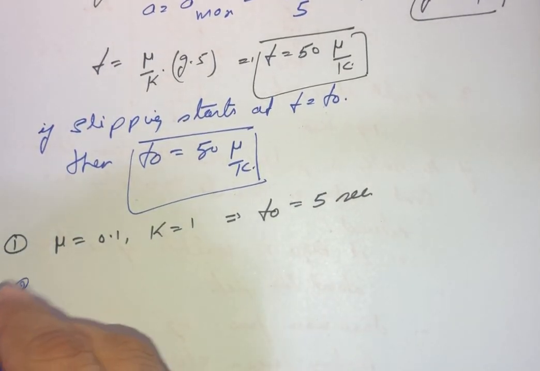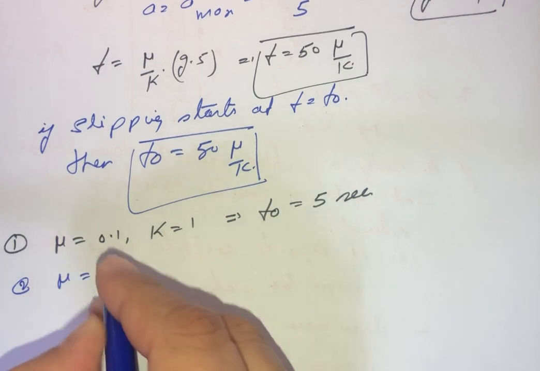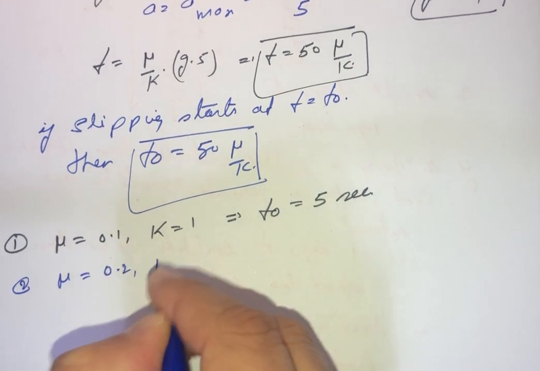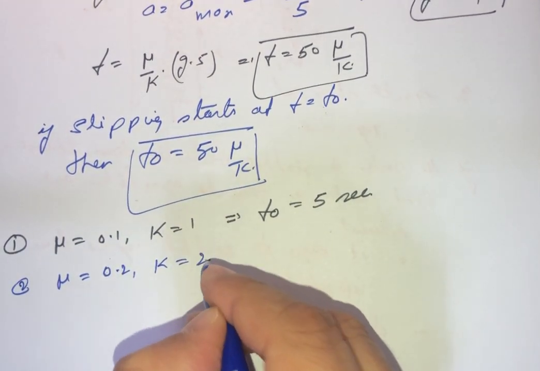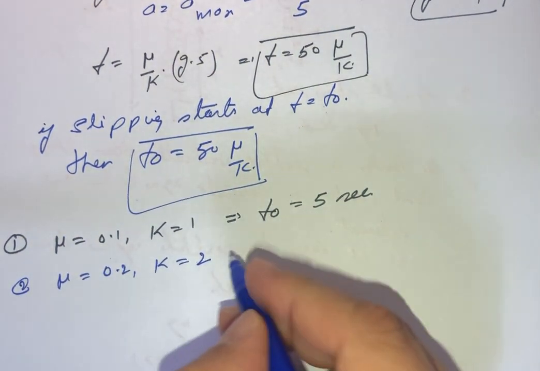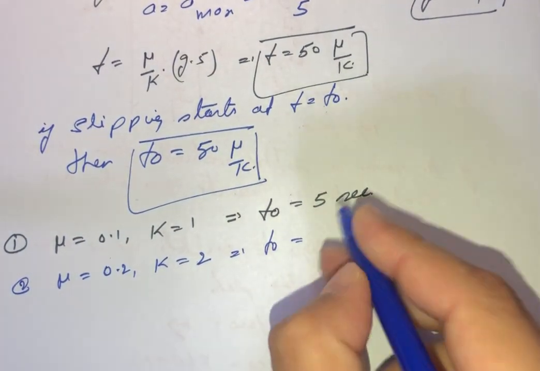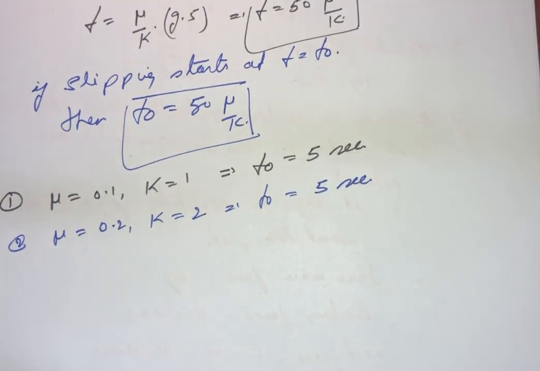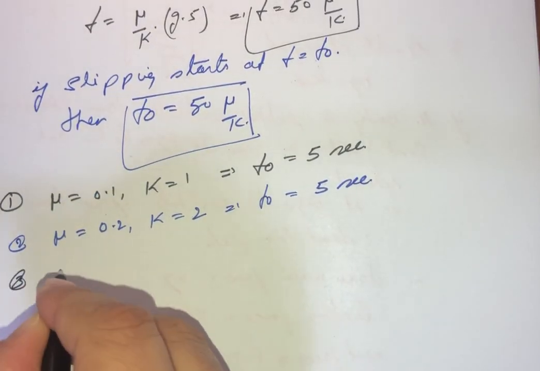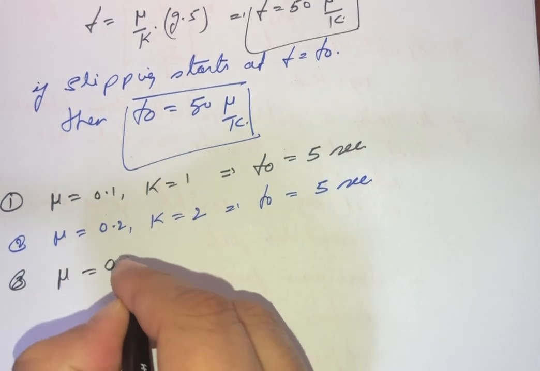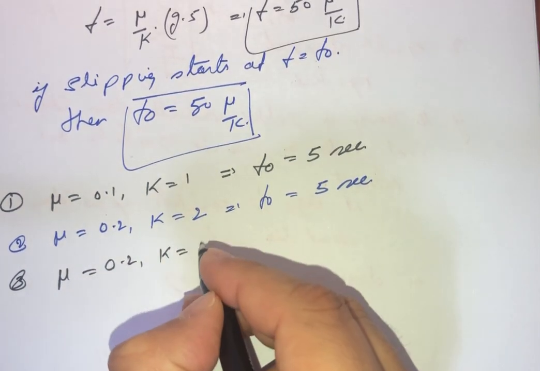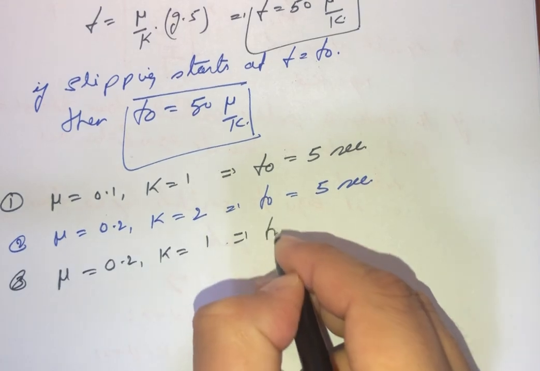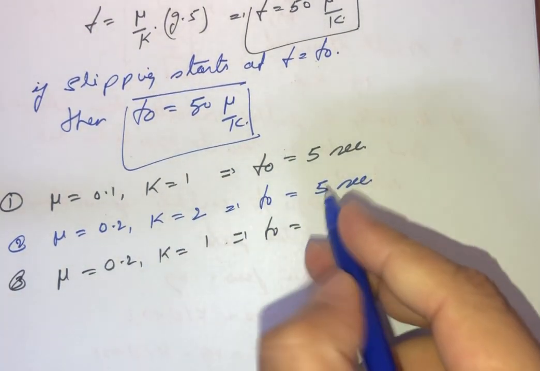Similarly, for mu equal to 0.2 and k equal to 2, we get t naught equal to 5 seconds. Next, mu is 0.2 and k is 1, so we get t naught as 10 seconds.